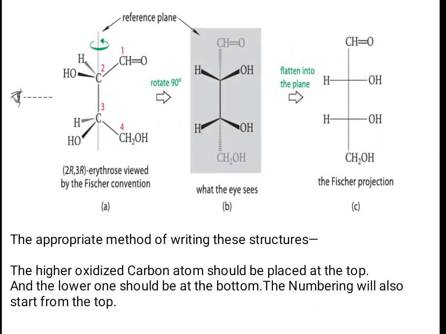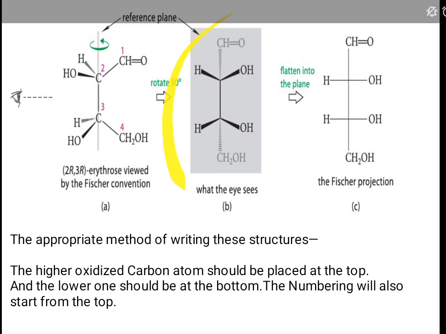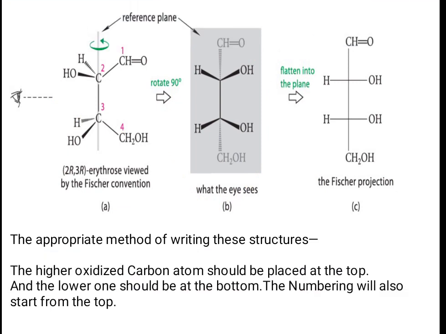This is actually the Fischer projection of a molecule, and I will tell you how to present it. This is the eclipsed form of the molecule, and you are viewing this molecule from this side. Then your eye will see this kind of thing, and in the Fischer projection you will get this one.